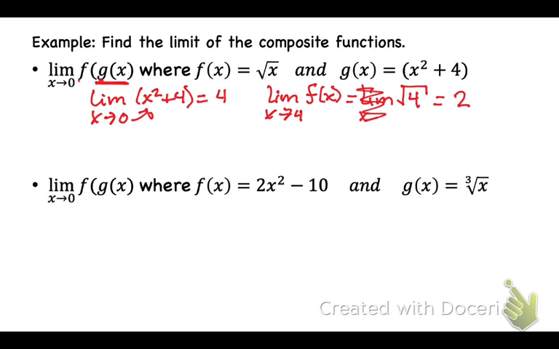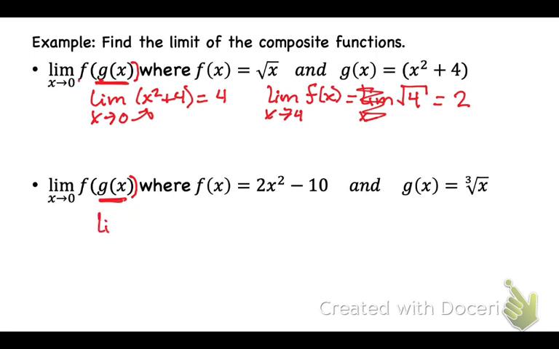Okay, so the next one, there should be extra parentheses here. The limit of f of g of x, we should have switched those around. And we got f and g, right? So we're going to start with what? G. Yep.